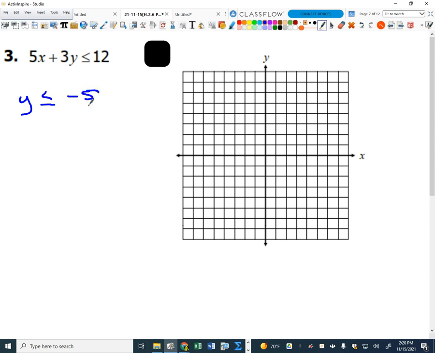Good, -5/3, right? Because I'm going to have the -5x, I'm going to divide by 3, and then plus 4. So I certainly could do it that way, right? I could write the boundary line in slope-intercept form, and then this part right here is telling me that I would be shading below, right? Okay, but we don't have to go through that hassle. We could just do this with a test point and graph it using our cover-up method also.